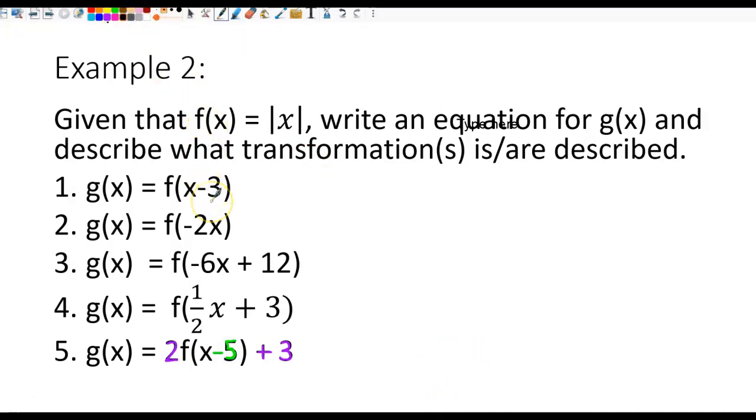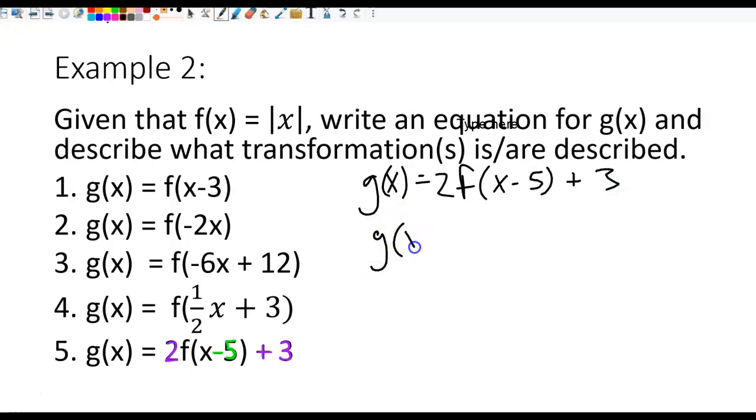Okay. So the first thing that we're going to do is rewrite the problem. And in the place of the f, we're going to put what the f equals, the absolute value of x. But since we do have something in the parentheses here, instead of absolute value of x, we're going to put absolute value of parentheses.